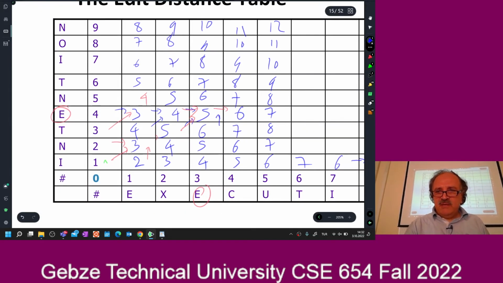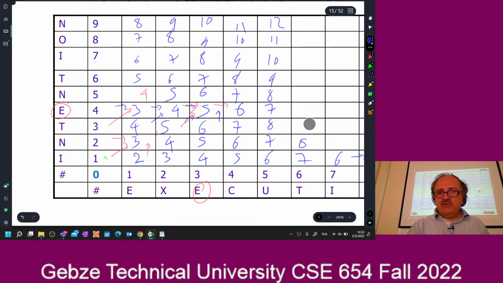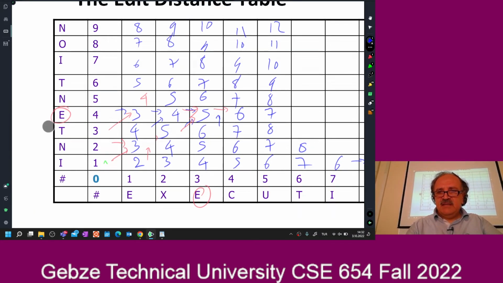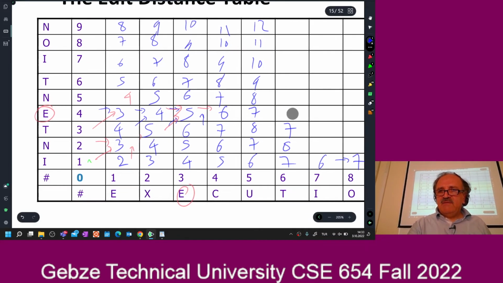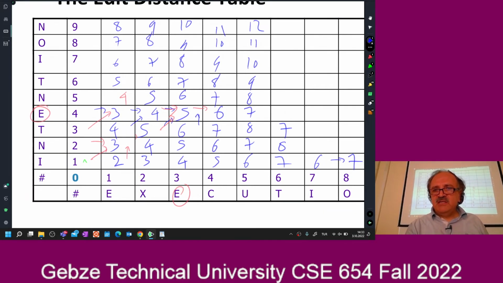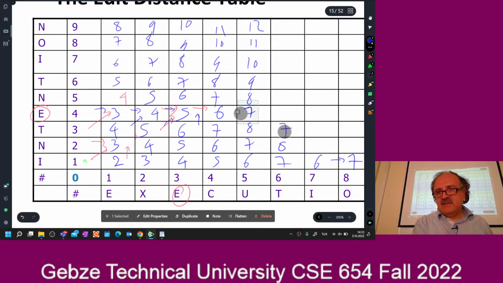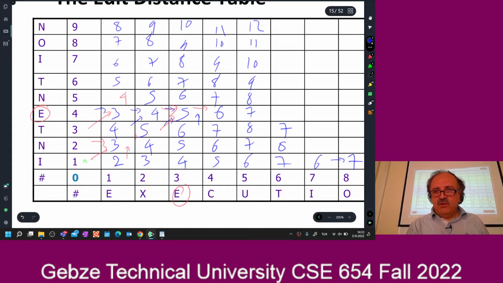This T is going to be interesting, I guess. This is 8. Substitution, T and T, right? T and T substitution is going to be 7. Then this one, what should I write here? Well, both of them are 7, right? I need to add one more.